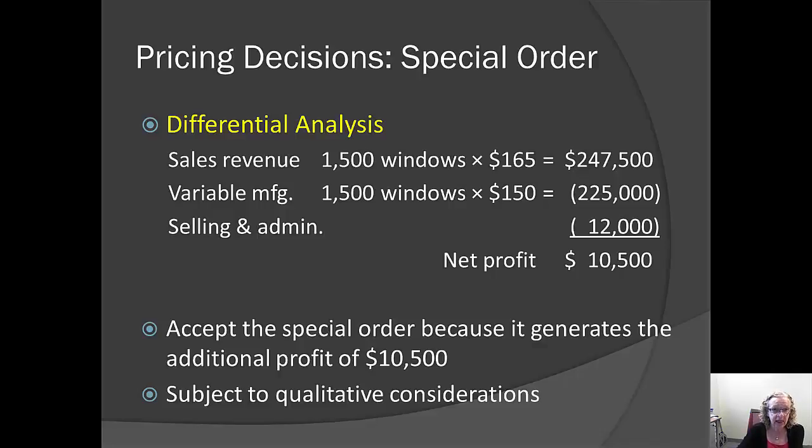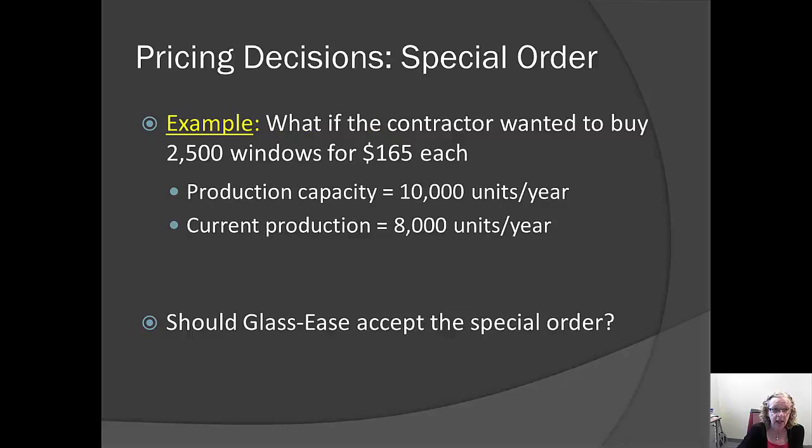Now let's look at a slightly different scenario. For example, supposing the contractor wanted to buy 2,500 windows instead of 1,500 windows at the special price. Should Glass Ease accept the special order?